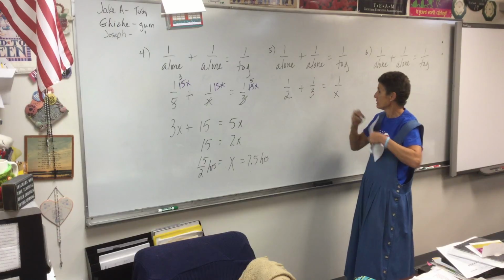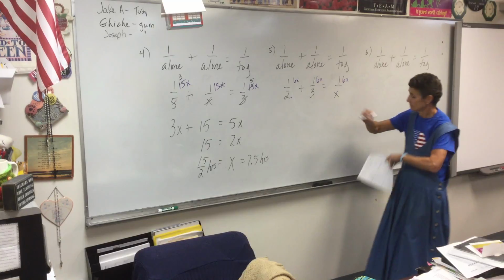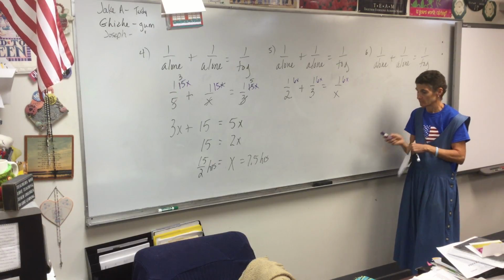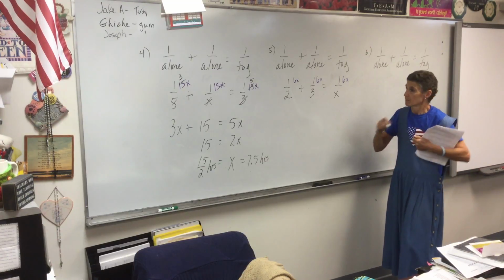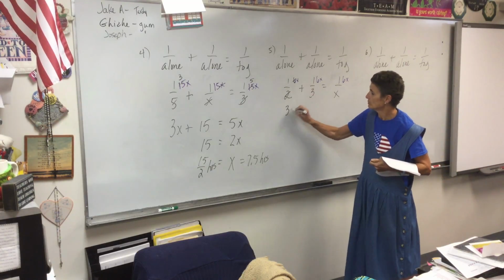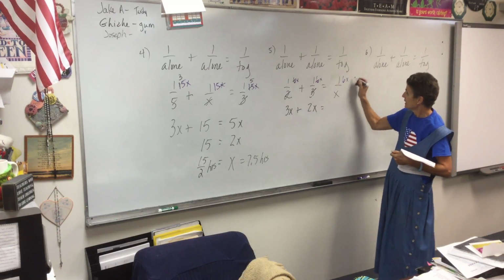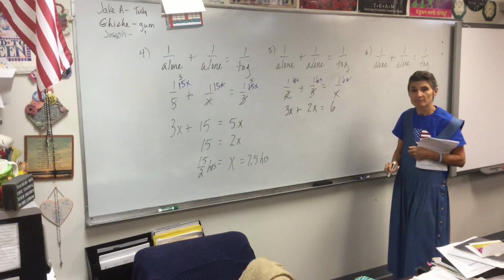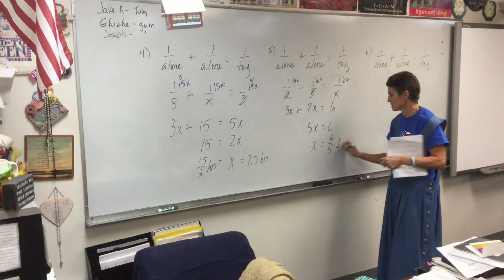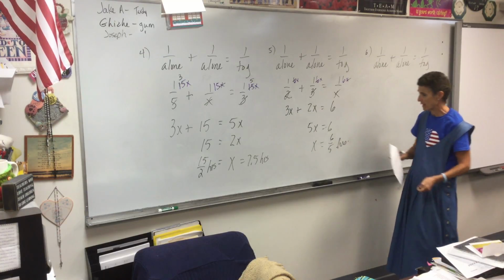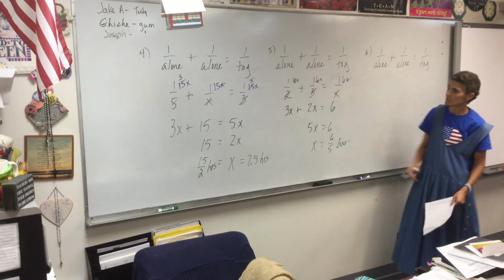We multiply by 6x. Why am I multiplying by 6x? Because 6 will cancel a 2, 6 will cancel a 3, and 6x will cancel an x. So 5x equals 6, and x equals 6/5. Was it hours again? Yep, hours. So together they can bake the cake in 6/5 hours.